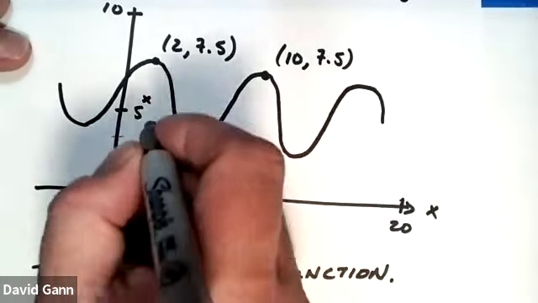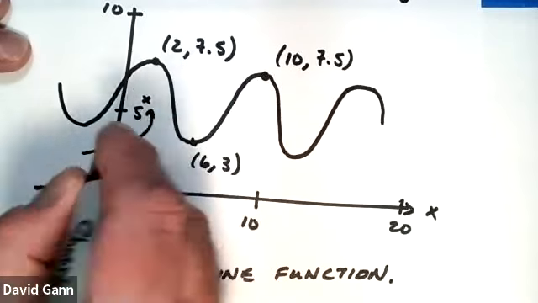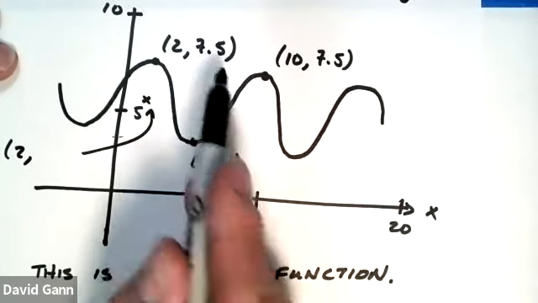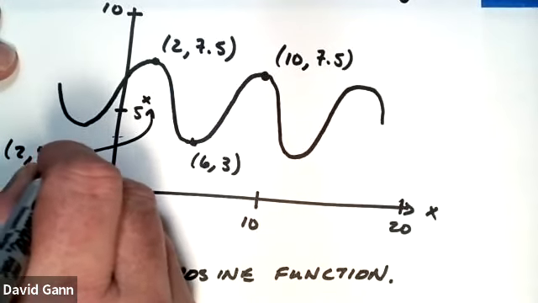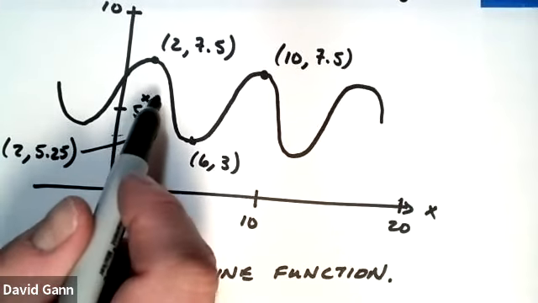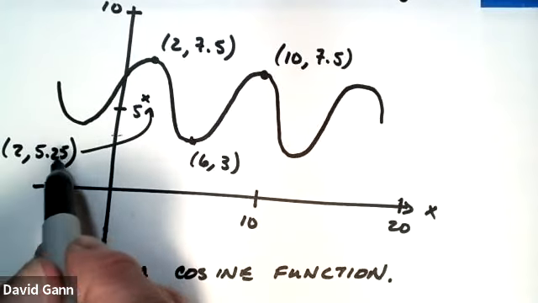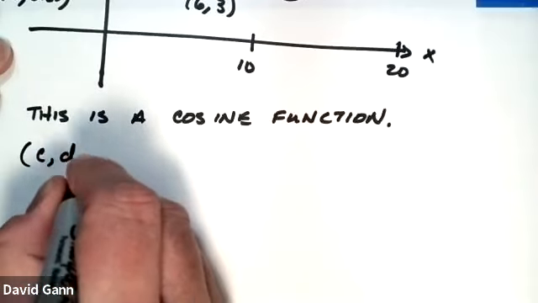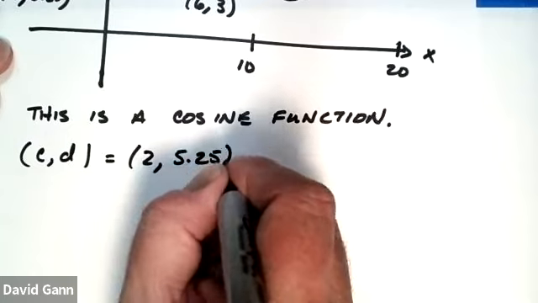So this is 2, and the average of these two is 5.25. And remember, the coordinates of the shifted origin are the C and D values. So from the graph, C comma D is equal to 2 comma 5.25.